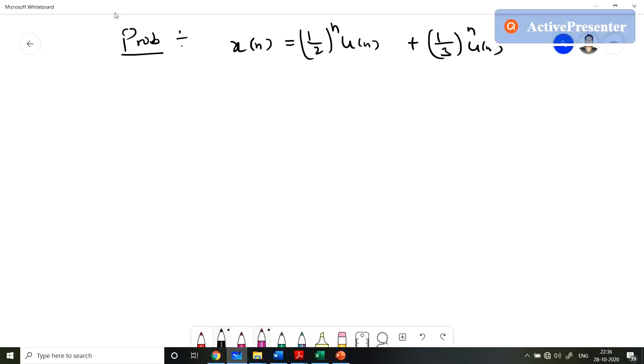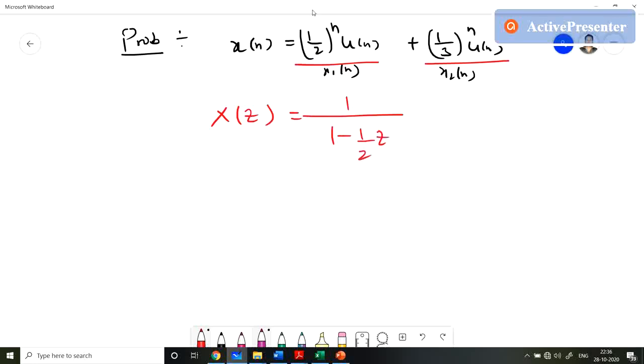This is a very typical z transform question that comes in GATE regularly. So what is the z transform X(z)? It is 1 divided by 1 minus (1/2) z inverse, plus 1 divided by 1 minus (1/3) z inverse. So this is our z transform.